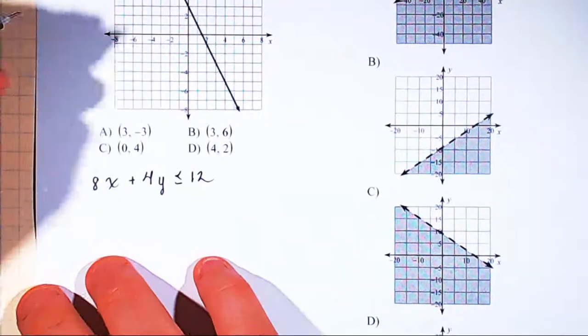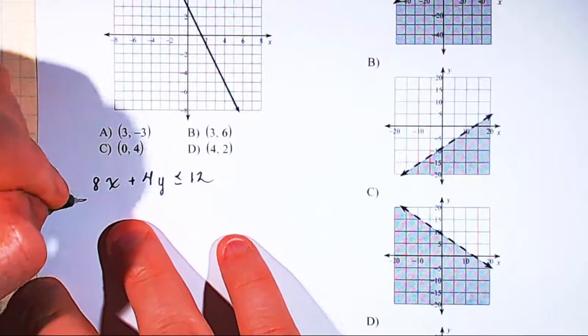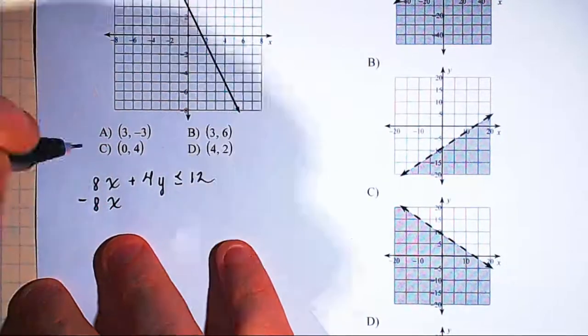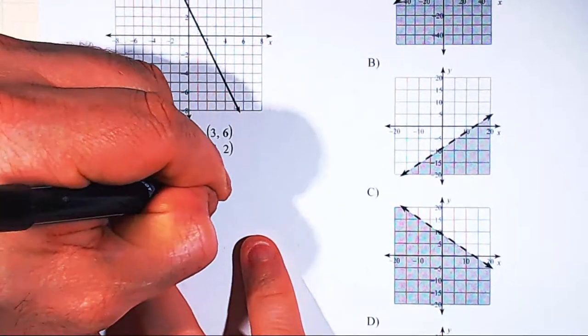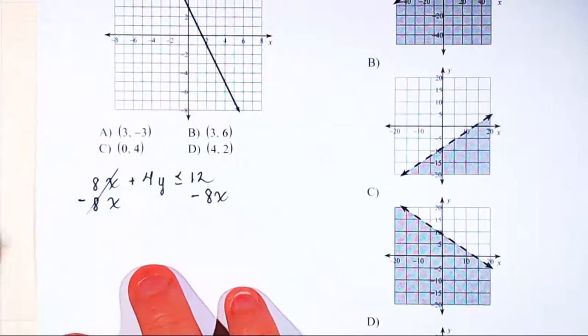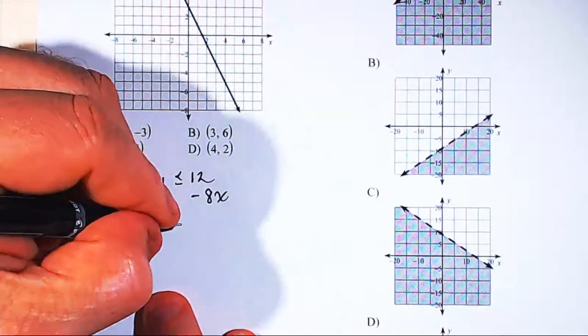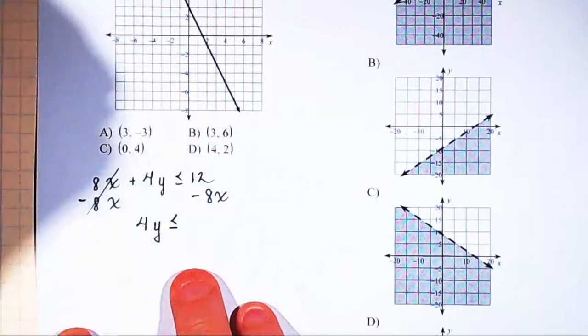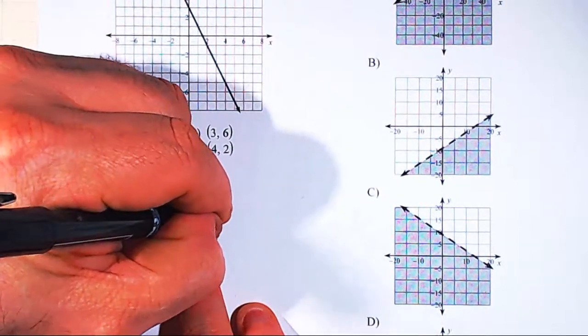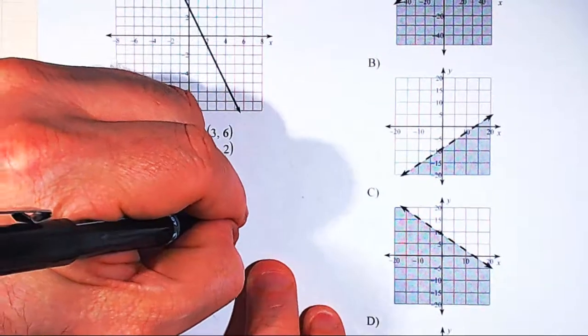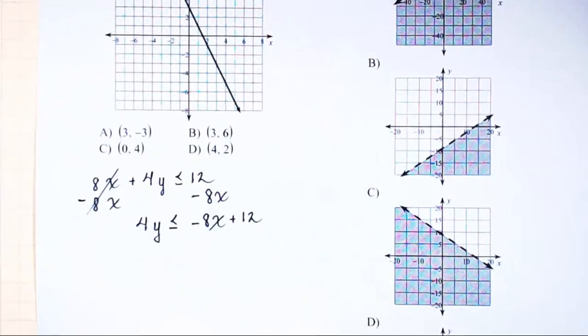All right, so to get y by itself, subtract 8x from both sides. On the left, it cancels out, leaving 4y by itself, then less than or equal to negative 8x plus 12.